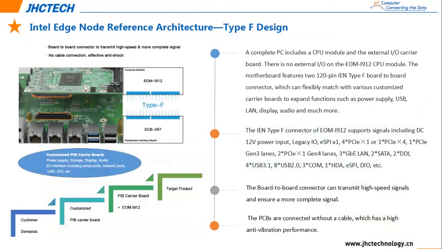There's no external I/O on the EON i912 CPU module, so you can flexibly match it with various customized carrier boards to expand functions such as power supply, USB, LAN, by the Type F board-to-board connector. The board-to-board connector can transmit high-speed signals and ensure a more complete signal. The PCBs are connected without a cable, which gives high anti-vibration performance.